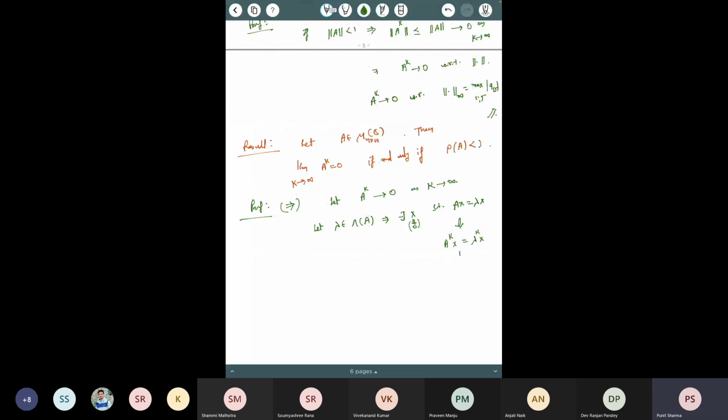So we can say that lambda to the power k times x goes towards 0 as k tends to infinity.